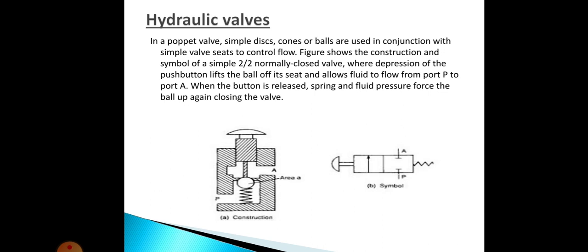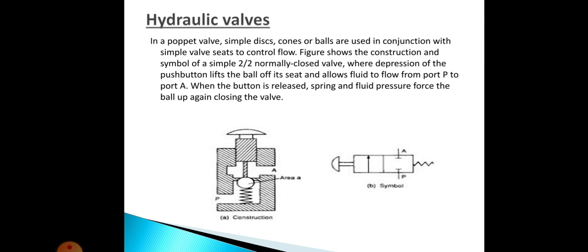So what will happen when there is a depression? The push button lifts the ball from its seat. When the ball goes up, the liquid will flow from P to A. When the button is released, the spring and fluid pressure force the ball up again, closing the valve.